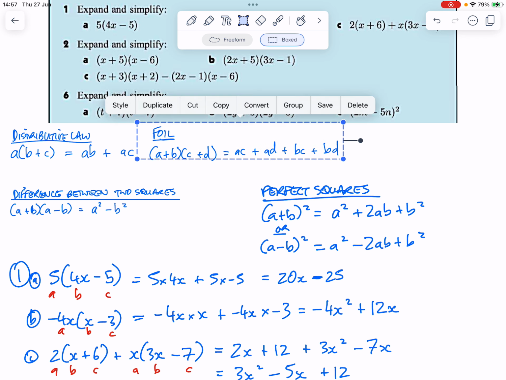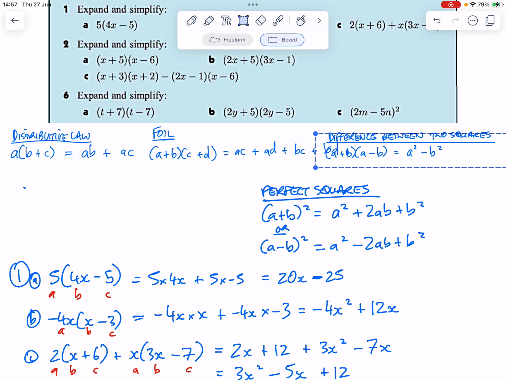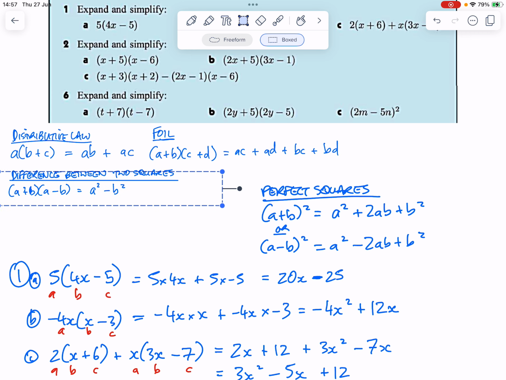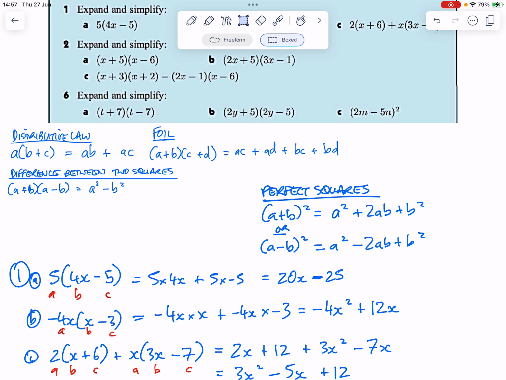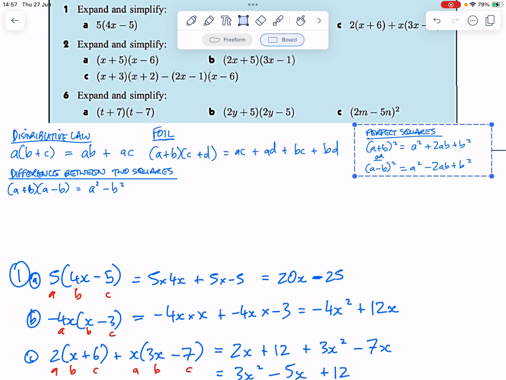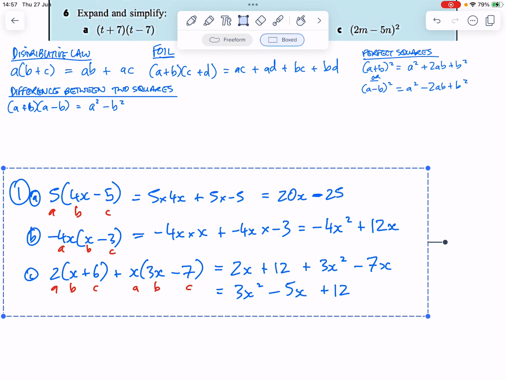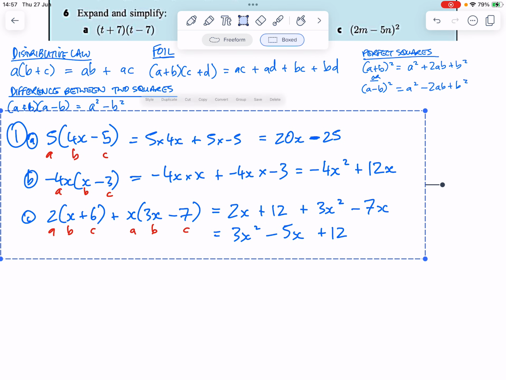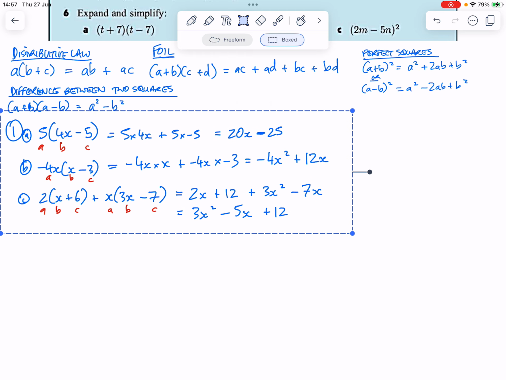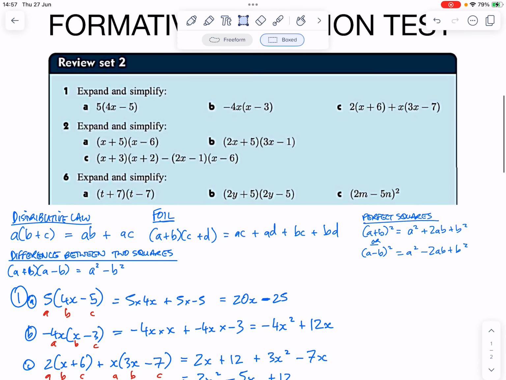FOIL, difference between two squares, and perfect squares. Sorry about that, I'm just going to run out of space to do working out if I don't do this. I might have to write a little smaller too. Okay, 2, expand and simplify.